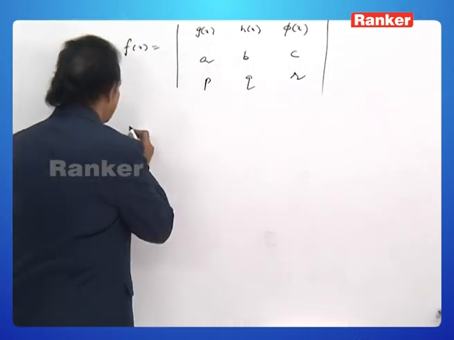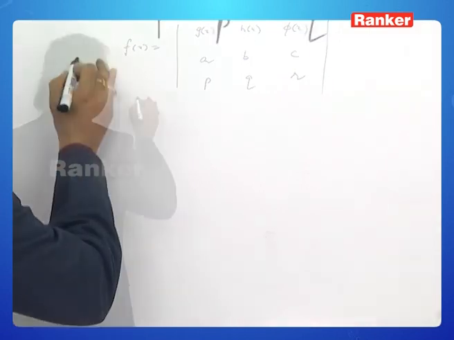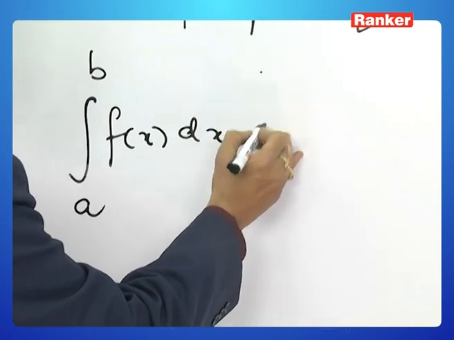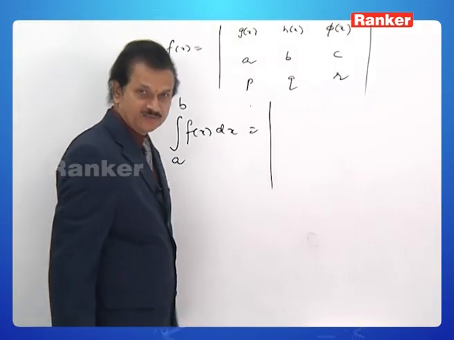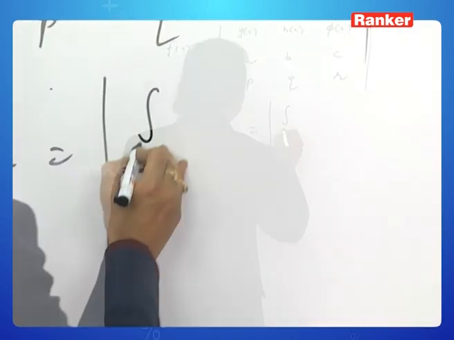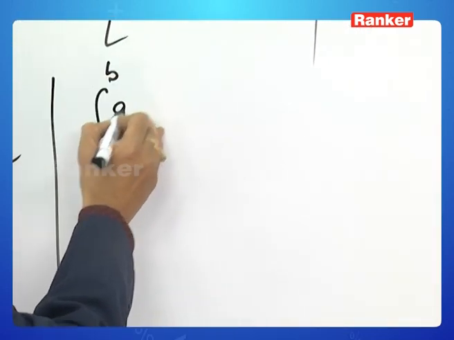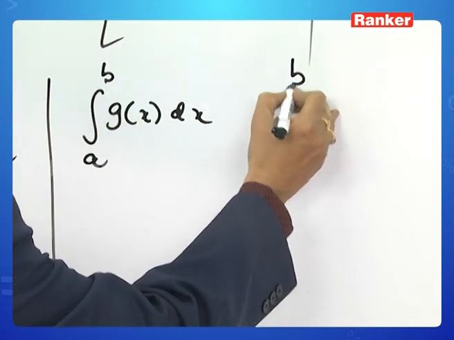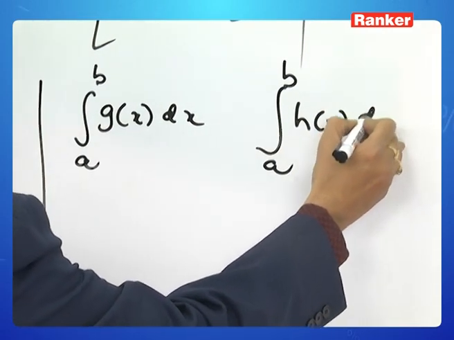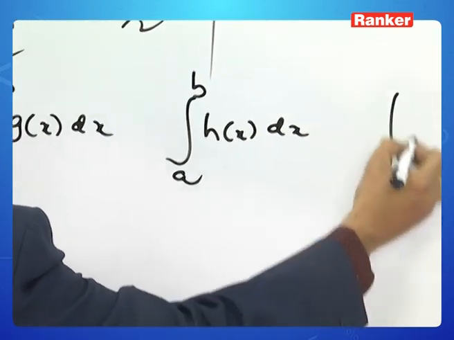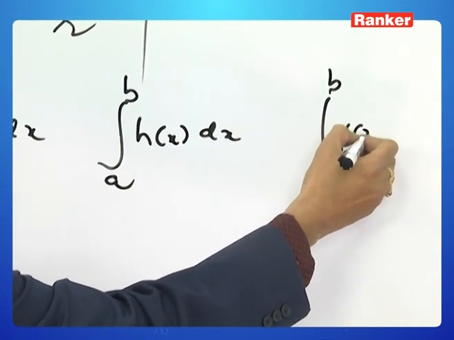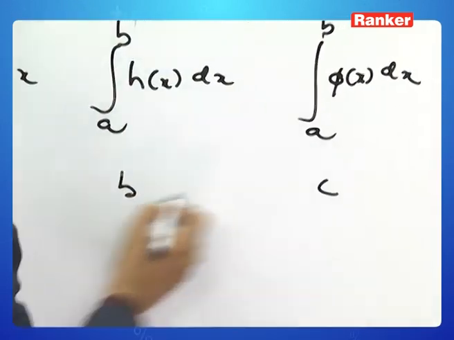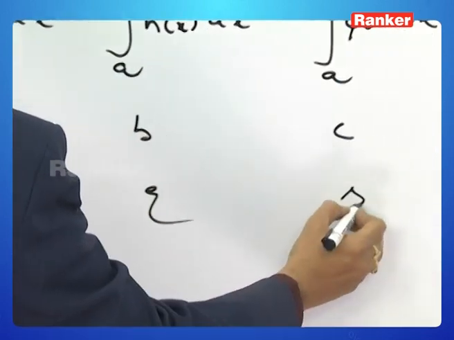In this case, if you want the integral a to b f of x dx, then it will be integral a to b g of x dx, integral a to b h of x dx, integral a to b phi of x dx, and a, b, c, p, q, r.